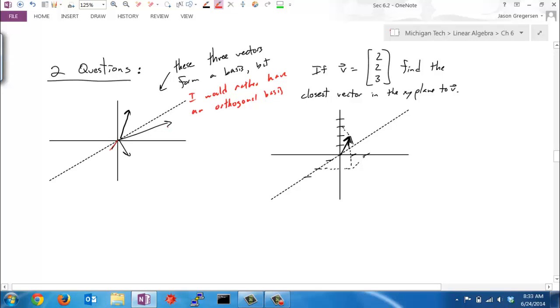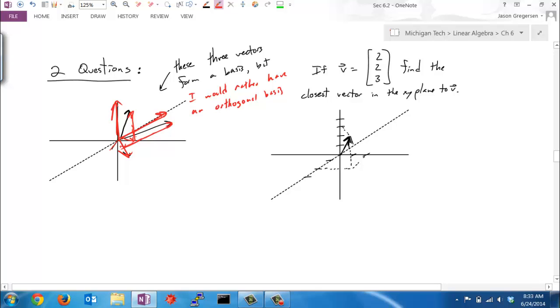So what we're going to learn to do is project, find this vector, and that will give me a perpendicular one. Then later I'm going to project this one down, find this vector, and I'll have an orthogonal basis instead of my regular basis.